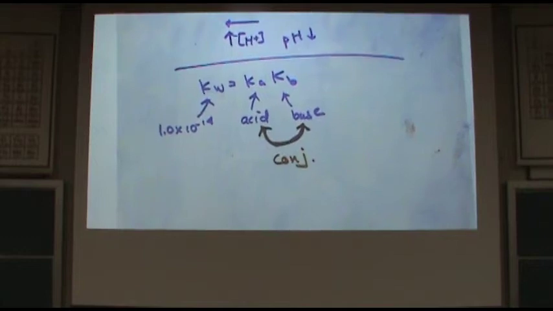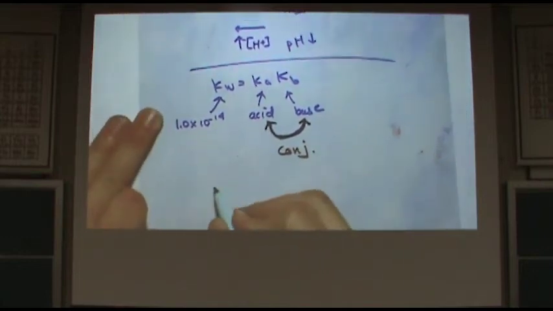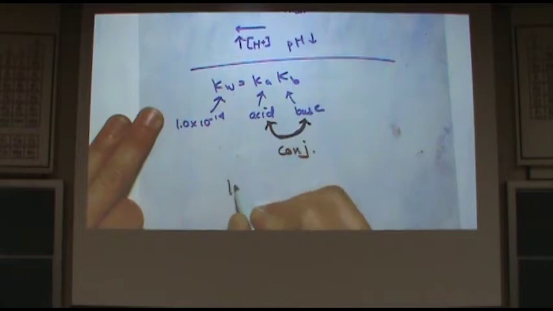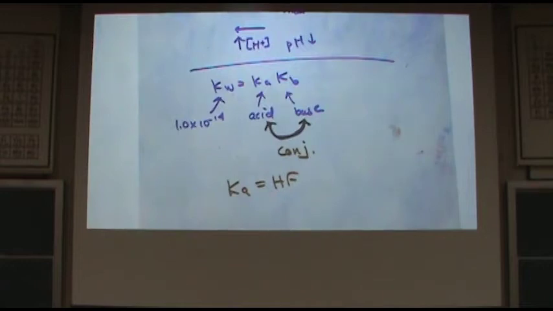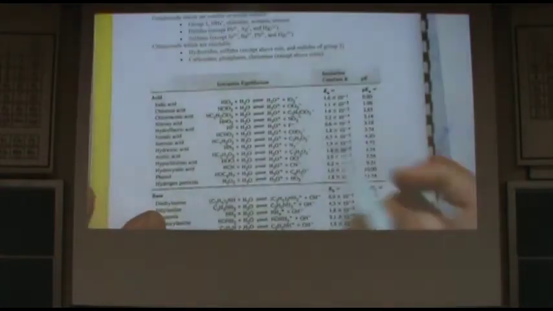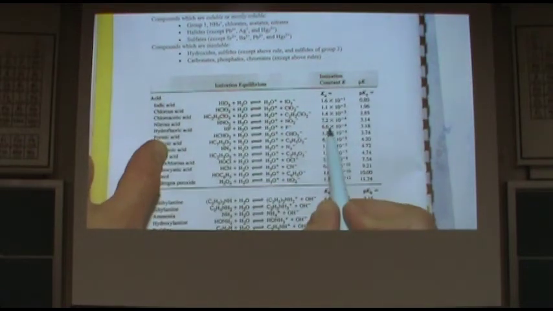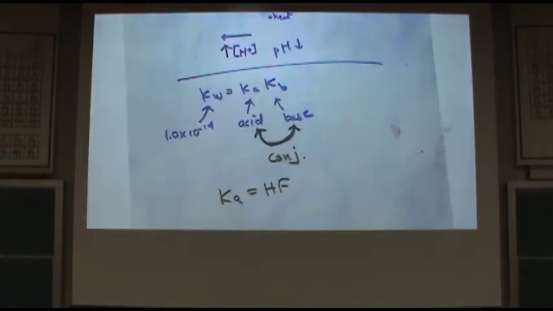So, for example, if you have the Ka of HF, let's just look it up on the table for fun. This will be on your exam again. Ka for HF is right here, 6.6 times 10 to the minus 4.